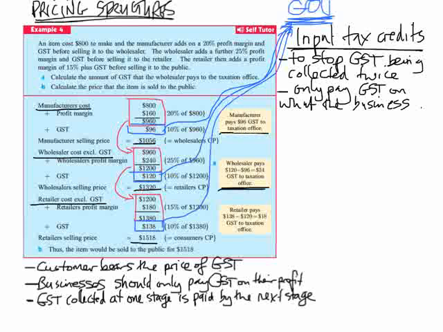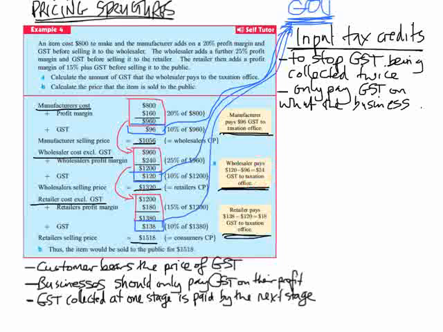Now, when the wholesaler comes around and they need to pay GST to the taxation office, they need to realize that $96 was already paid by the manufacturer in GST, and they're collecting $120. So when the time comes for them to send the money to the government, they claim the input tax credit, pretty much represented by these yellow boxes on the right. They claim the input tax credit and subtract that from the $120 that they should be sending to the government. So in the end, they only actually send $24 of the GST they collected to the government.